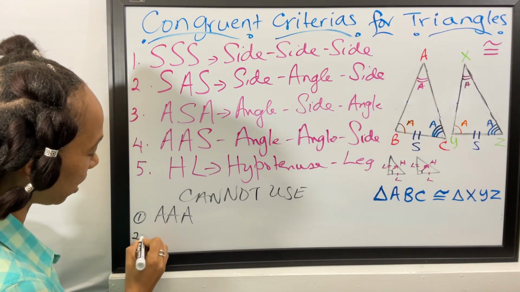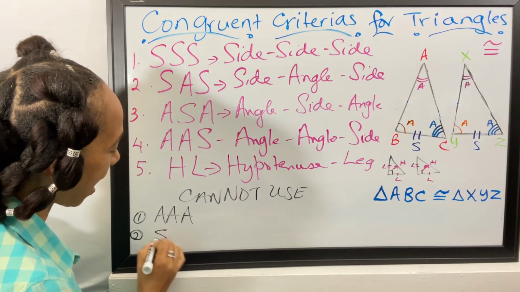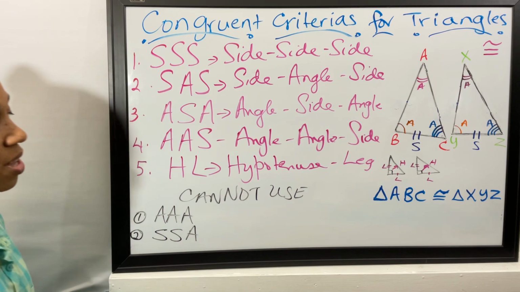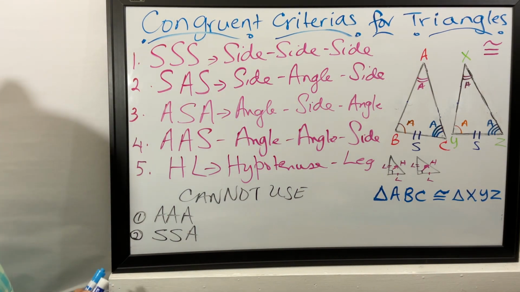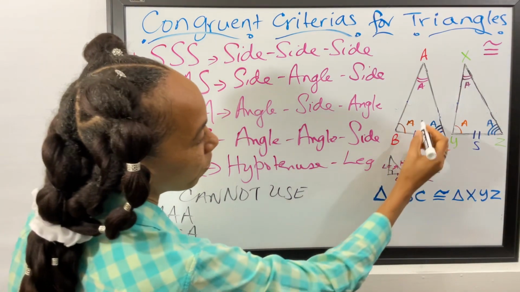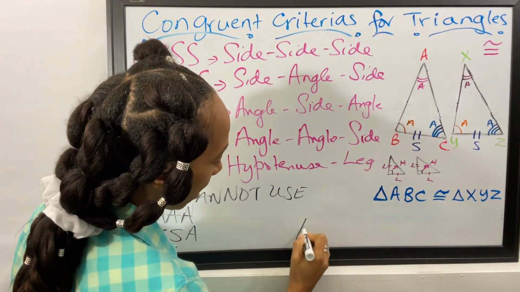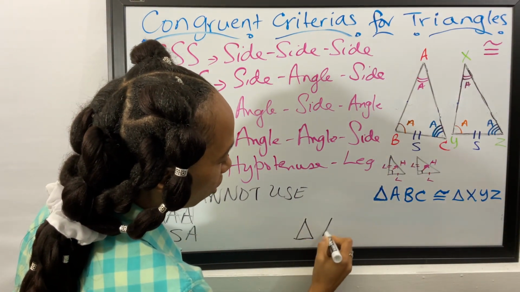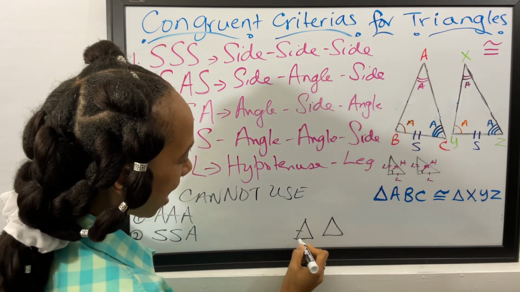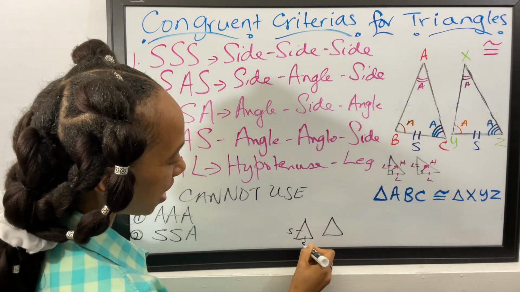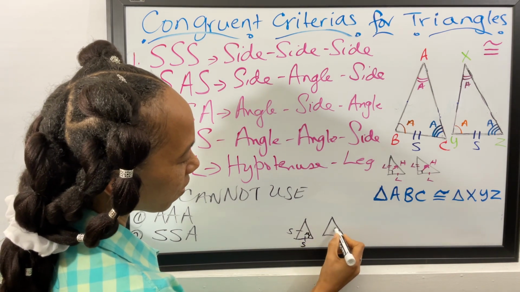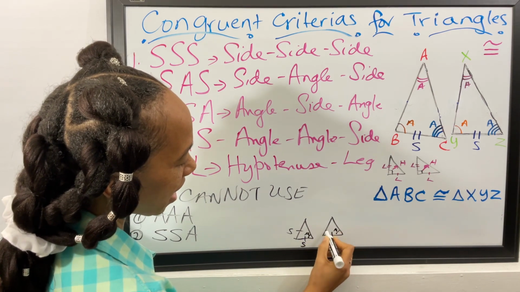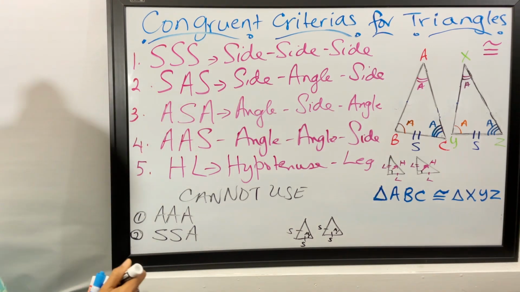And the second one you cannot use is SSA. You cannot use SSA. And the reason being, let's show you. Not drawn to scale, but S is there and S is here, and I have an angle here. So I have my S here and my S here.